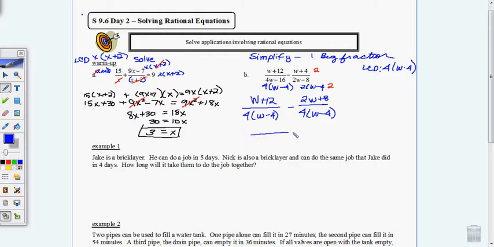So when I rewrite this as one big fraction, 4w minus 4 on the bottom, I have a w plus 12, and that minus is 2w plus 8. Now, a bunch of you have goofed this up in class, so that's why I'm stressing this.